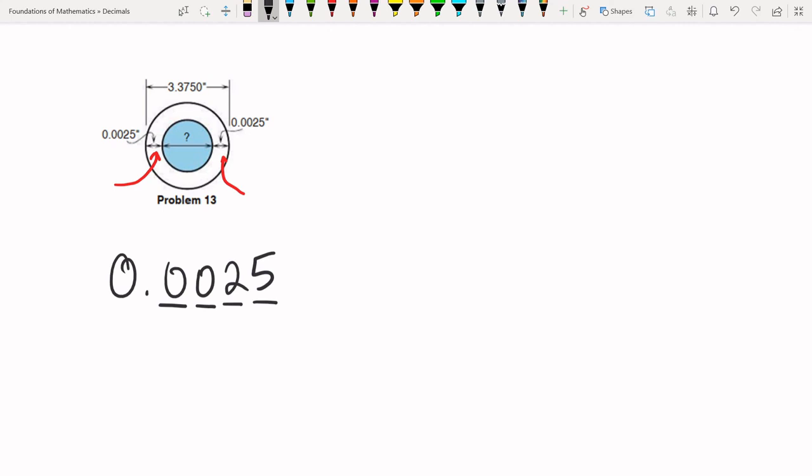So to find this interior diameter, all we need to do is take off each of these values from the total diameter of the pipe that we're looking at.